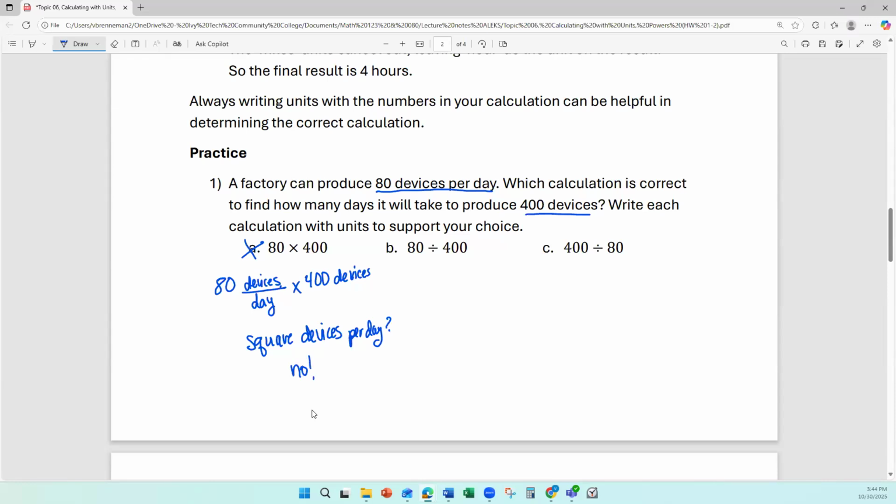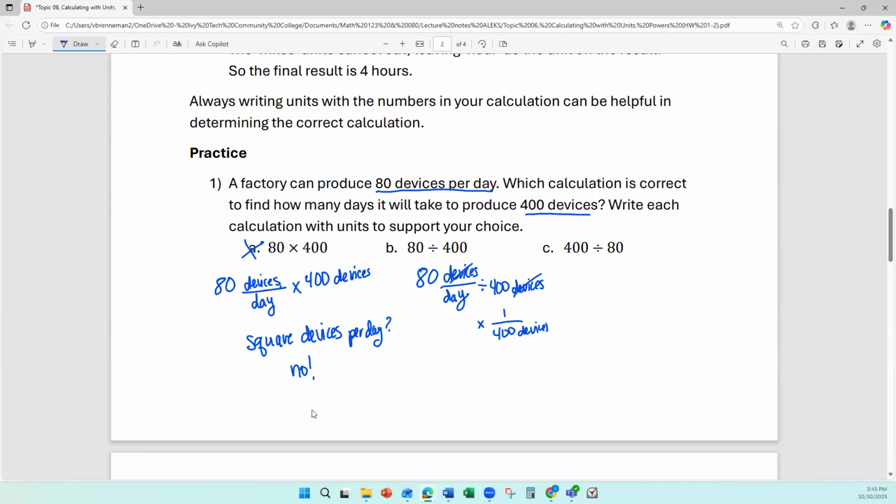So next, 80 divided by 400 would be 80 devices per day, and then when we divide by 400 devices, you could look at that as times 1 over 400 devices. This now means that the device units are going to cancel out.